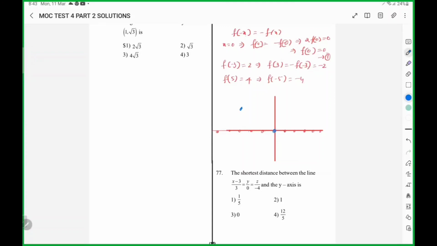Again, f of 3 becomes minus 2. f of 5 is 4. f of minus 5 will be minus 4. So one basic graph will be like this.